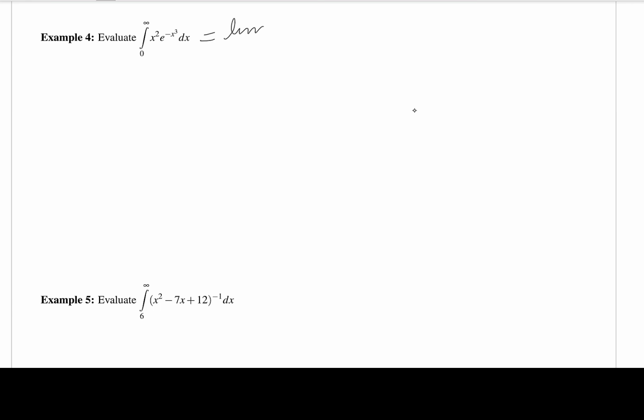So this is the limit as t goes to infinity of the integral from 0 to t of x squared e to the negative x cubed dx. Now I'm going to use a u substitution. So u will be equal to negative x cubed, which means that du over negative 3x squared is equal to dx.